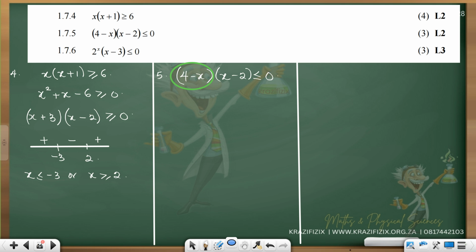So now we apply what we call the sign change. Underline them. I changed that, which is basically multiplied by minus, and I also changed that.